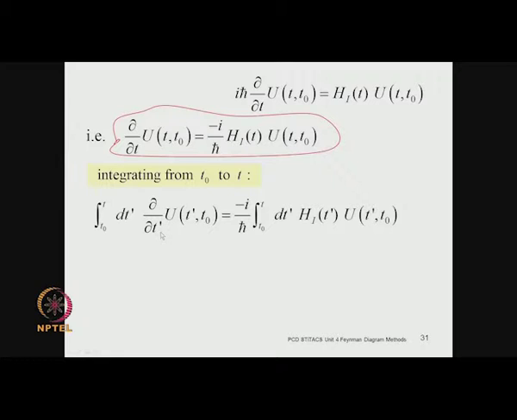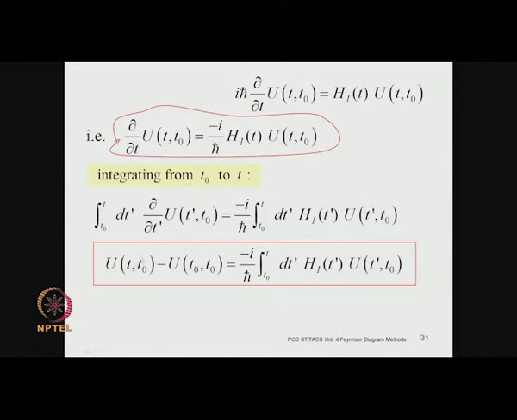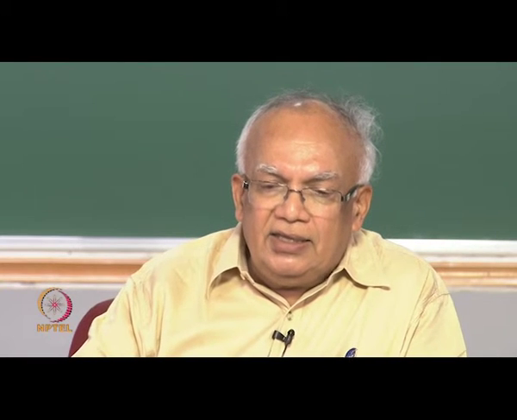So, you can immediately integrate this, put the limits, and you have the difference of u at the upper limit and the lower limit. At the lower limit it is u(T0, T0) when T prime is equal to T0, and at the upper limit you have T prime equal to T. So, this difference is equal to this definite integral. Okay? So, it is a definite integral from a lower limit to an upper limit, and this is the equation that u will satisfy.